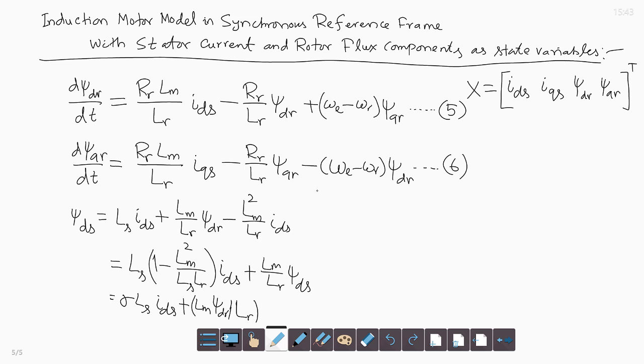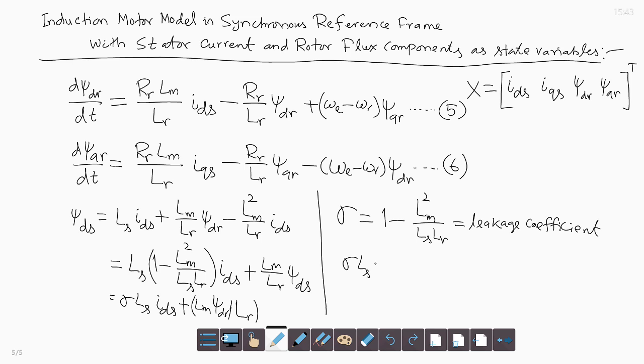where sigma is 1 minus Lm square divided by Ls Lr, the leakage coefficient, and sigma Ls is the LLS, that is the stator leakage inductance.